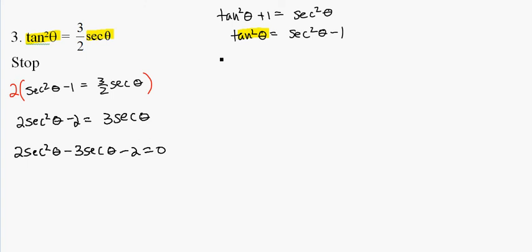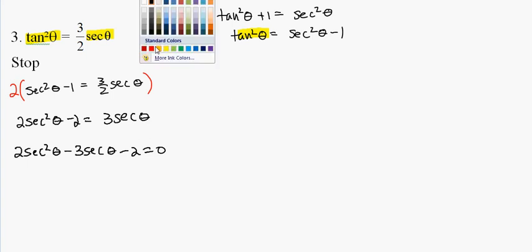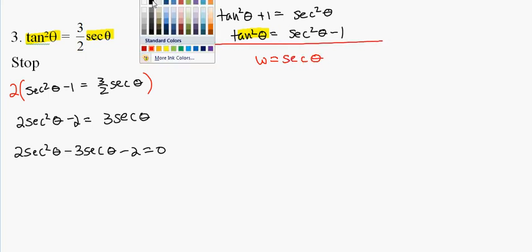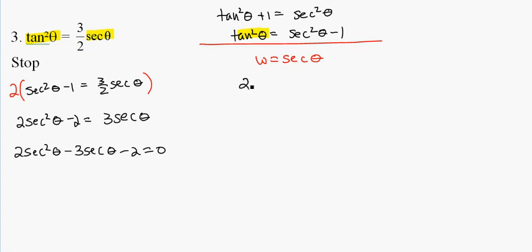To factor this, let's just let w equal secant theta. So this is another side note. So we have 2w squared minus 3w minus 2 equals 0. So 2 is prime, so it's 2w and w.